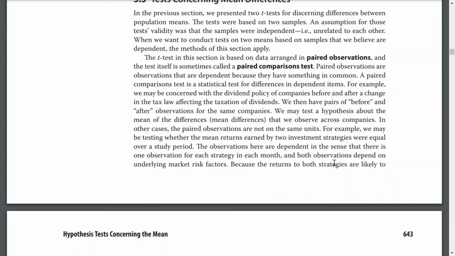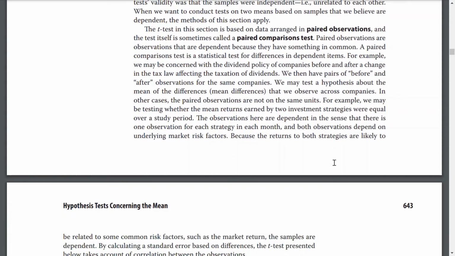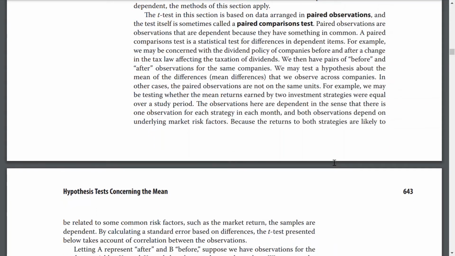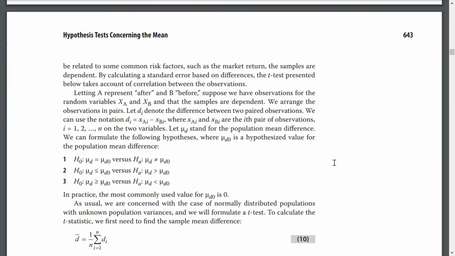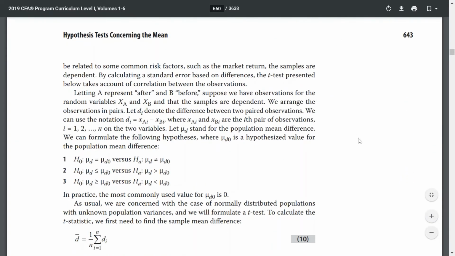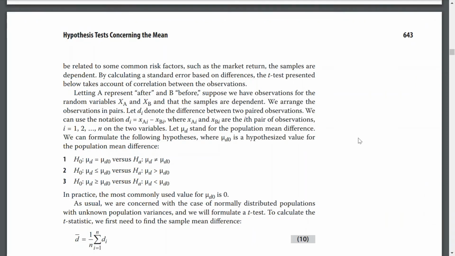The observations here are dependent in the sense that it is not one independent observation for each strategy in each month; both observations depend on underlying market risk factors, because the returns to both strategies are likely to be related to common risk factors, such as the market return. The samples are dependent, so we calculate a sample error based on differences. The t-test presented below takes account of the correlation between the observations.